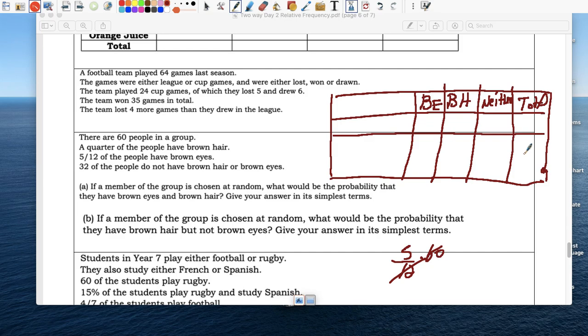And there were a total of 60 people. A quarter of the people have brown hair, so a quarter, 0.25 of 60 is 15. 5/12 of the people have brown eyes, which we said was 25. 32 people do not have either. What the heck?